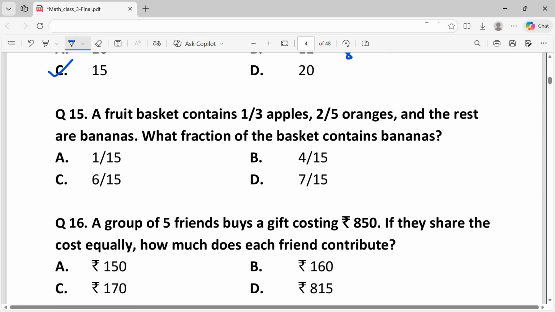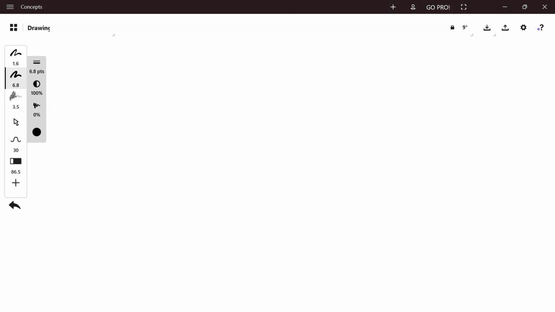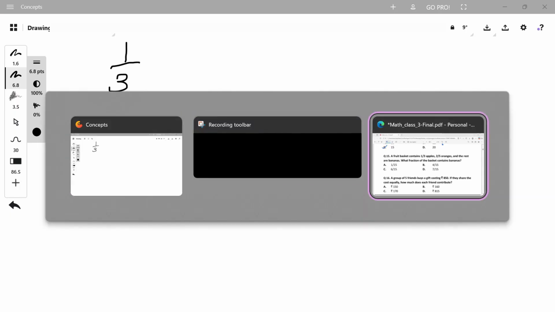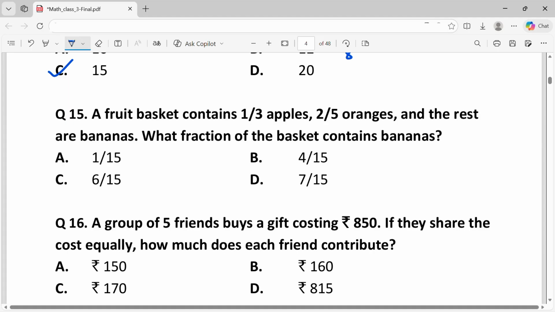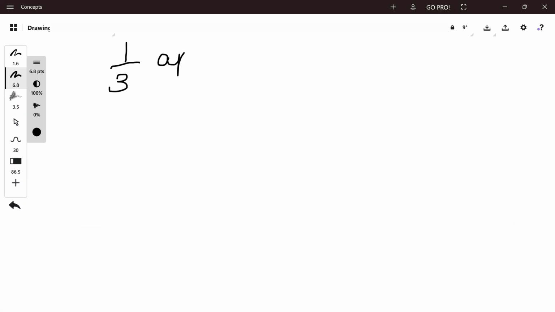Question 15. A fruit basket contains 1/3 apples, 2/5 oranges, and the rest are bananas. What fraction of the basket contains bananas? We have that 1/3 of the basket is apples and 2/5 of the basket is oranges.